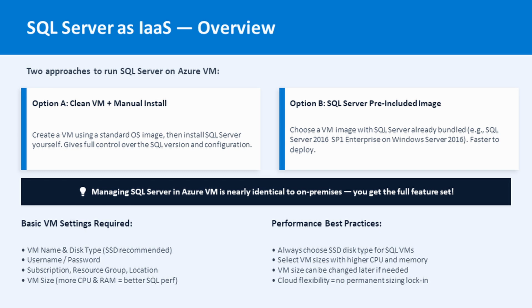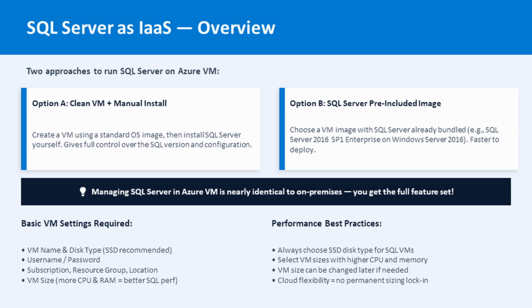The second approach, and the one we will focus on here, is to choose a virtual machine image from the Azure Marketplace that already has SQL Server bundled in. For example, you can select an image like SQL Server 2016 Service Pack 1 Enterprise Edition on Windows Server 2016. Azure will provision the virtual machine and configure the SQL Server instance for you during deployment, saving you time.